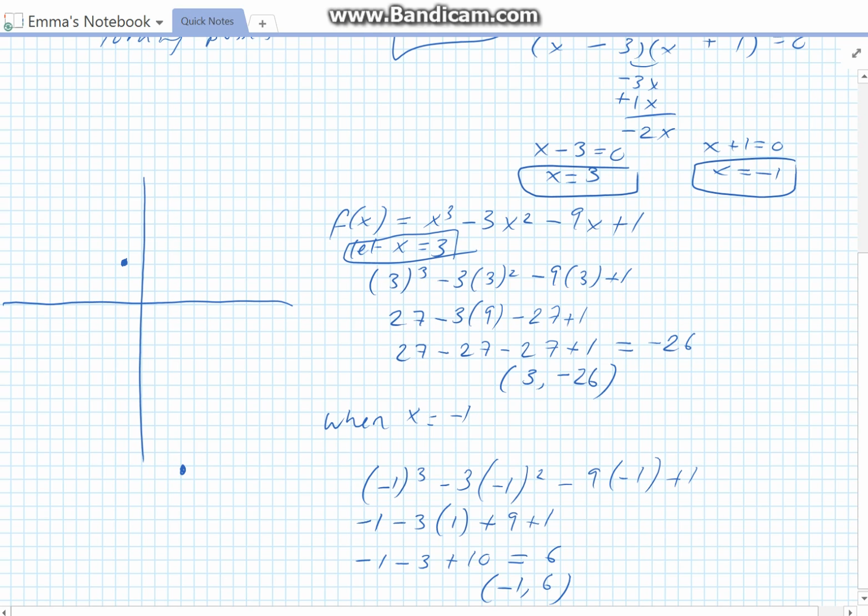By looking at that graph, I know that minus 1, 6 is going to be the maximum point, because if we imagine our cubic graph going something like this, the lower y value will always be our minimum point, because that'll be lower on the graph. So what was that one? 3, minus 26.